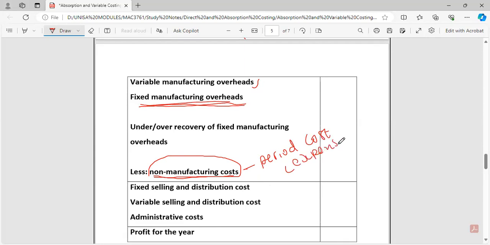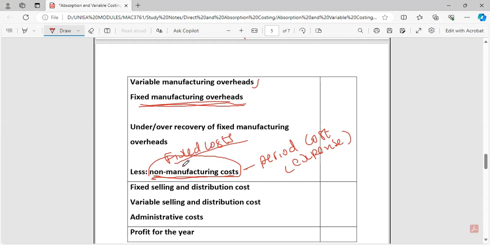That is in absorption costing. But if you look at direct costing, here we come and say less fixed cost. Do you see the difference? Which means we did not take any fixed cost in the calculation of our contribution. So all fixed costs will come down when we are using the direct costing system.